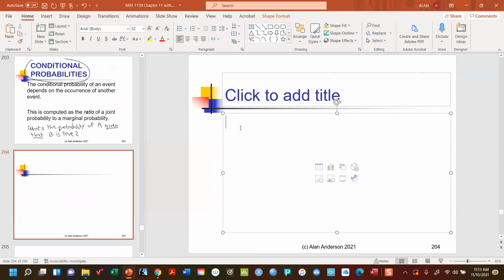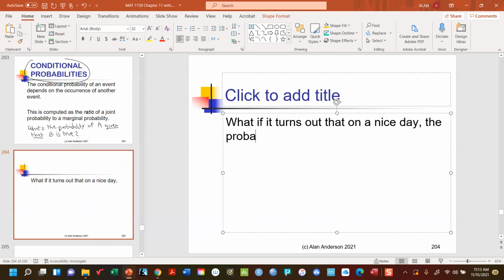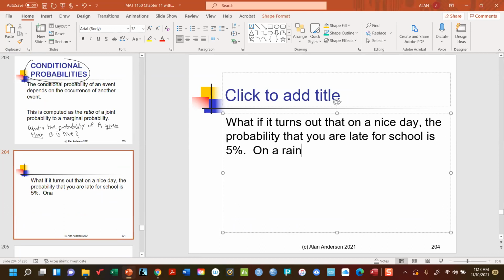Now, suppose you were told, what if it turns out that on a nice day, the probability that you are late for school is 5%. On a rainy day, that probability rises to 20%.